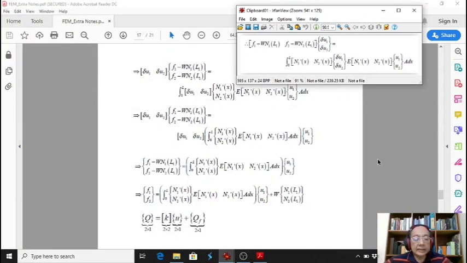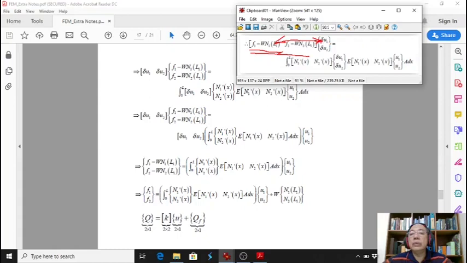We can change the position here. Okay, so this is a row vector and this is the column vector. We can change the position here.